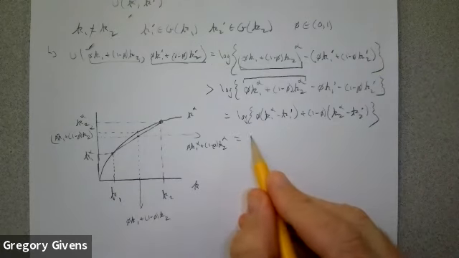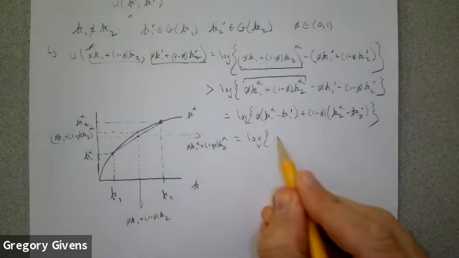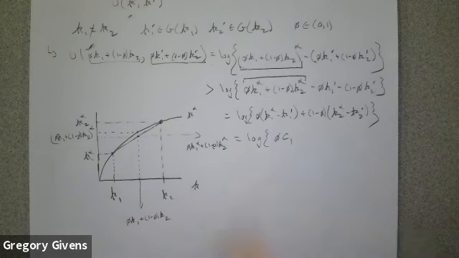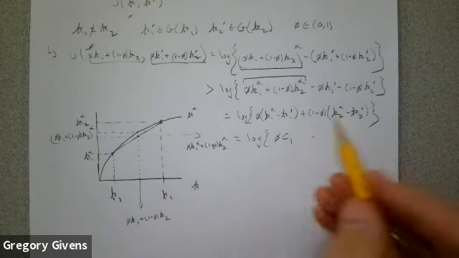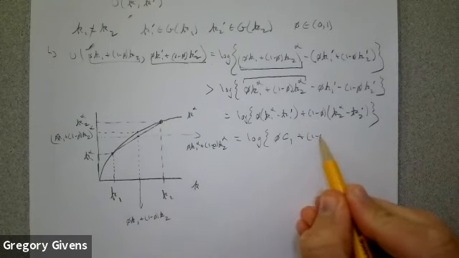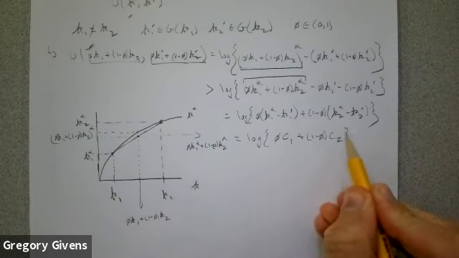Well, that to me just looks like the log of phi times c1, if we define c1 as k1 to the alpha minus k1 prime, plus 1 minus phi c2.